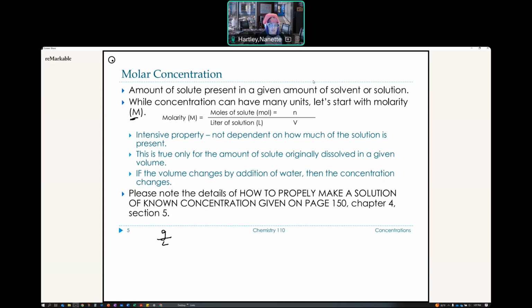Okay, so there are some details in your textbook about how this works and how we put it in there and we mix it and we give it time to rest before we go ahead and do this. And typically what we like to do is put it in there, mix it, and let it cool back down to room temperature, and then fill it to the final volume to make sure that we've given it time to settle out.